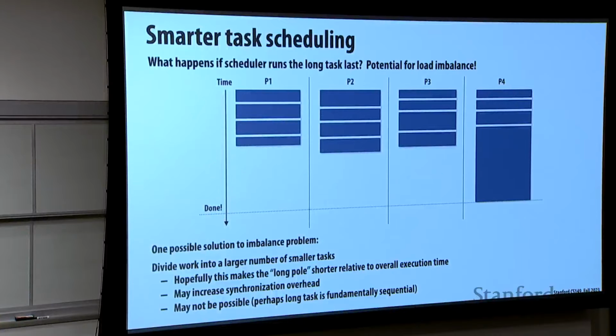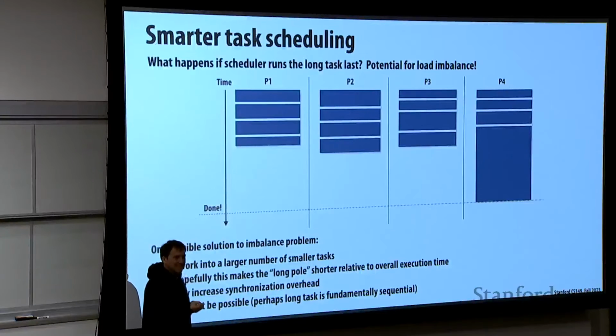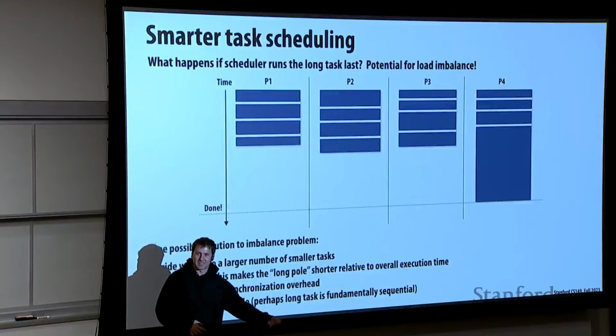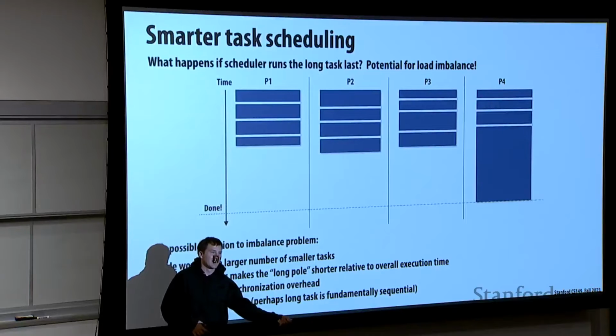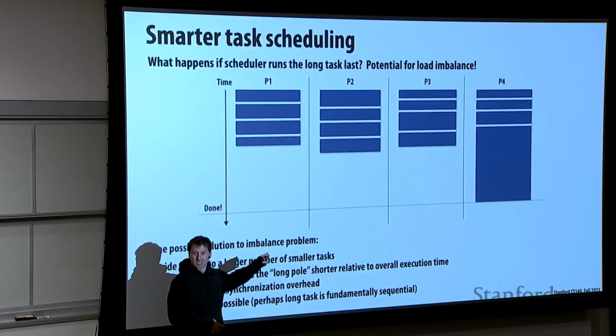Notice that even though I did dynamic assignment, I got a little bit unlucky. Because the work at the end of the queue was actually really big stuff. The last piece of work that I assigned was the longest running piece of work. And so I still ended up with a long tail here.